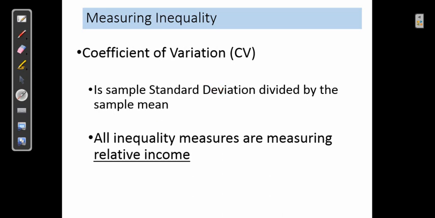Once you carry out this procedure, you will obtain the coefficient of variation. If the value is high, it implies that there is high income inequality, and if the value is low towards 0, it implies that income inequality would be less.